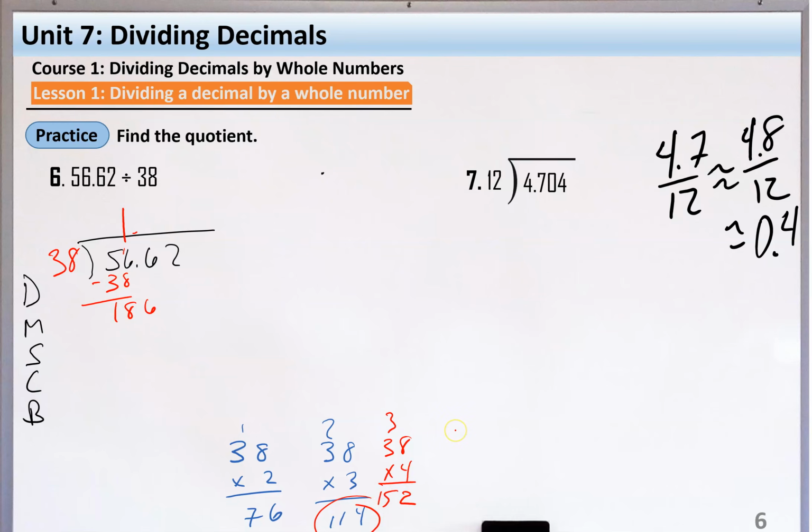I don't think, no, 38 times 5 won't work. So 4. Subtract. 34. That checks, so we're going to bring down. And 38 times 10 is 380, so we're going to try 9. And that works. 342.